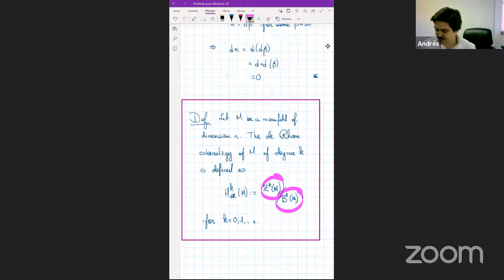So that means that this doesn't depend on anything at all, only on the manifold itself. There's no additional thing that we need to do to define that, because the operator was unique. So that's the good thing.